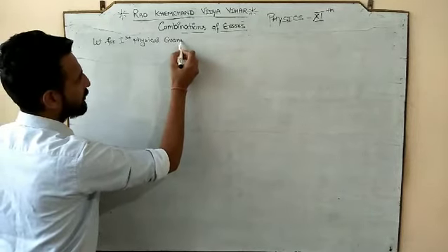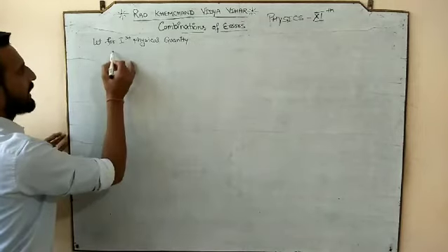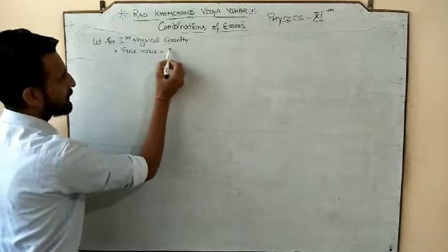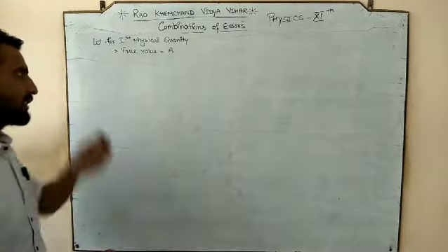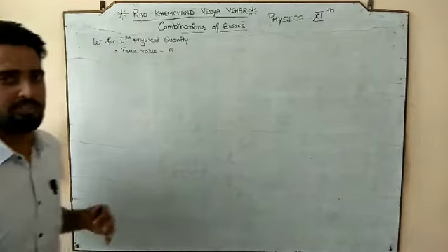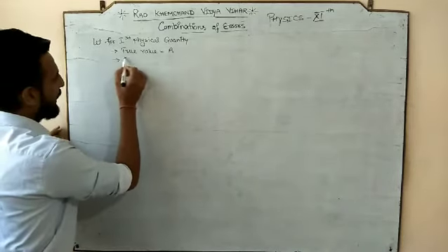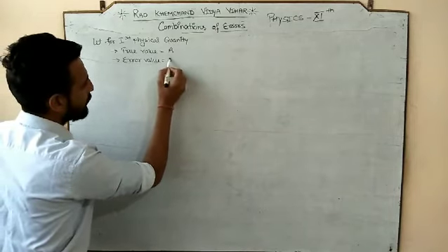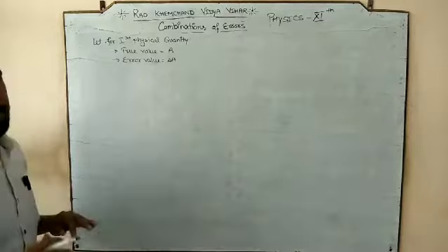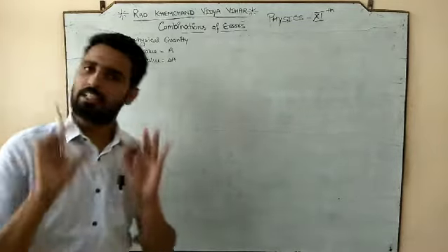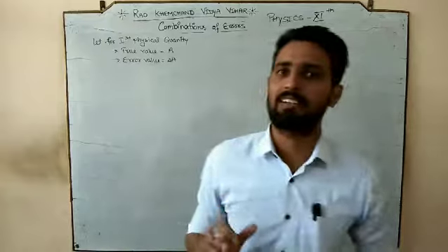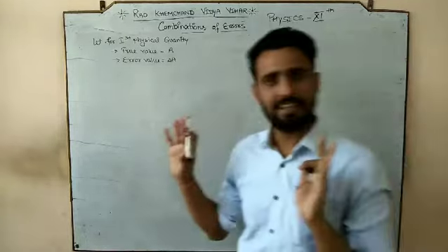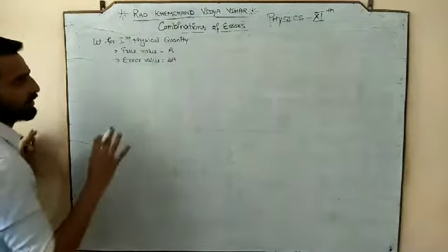Let's suppose we have a first physical quantity having true value A, which is the true value, or you can say the mean value, of the first physical quantity A, and the error in the first physical quantity is delta A. So the first physical quantity has a standard value A, and averagely delta A is the error occurring.